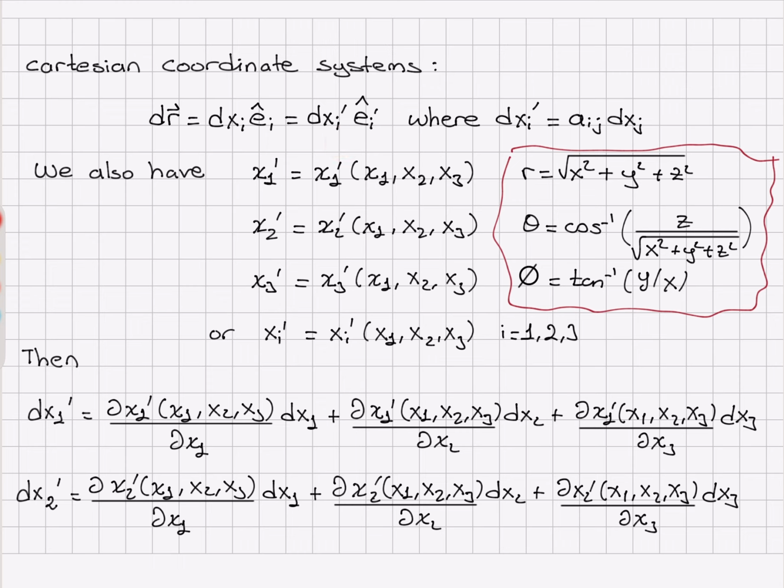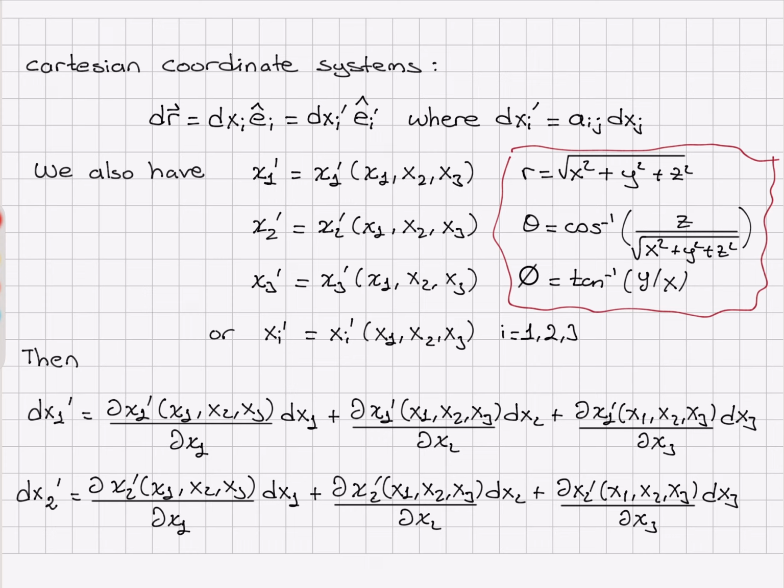Here you can see that if I take the dot product with ej prime hat, the dot product of ej prime hat with itself would give you 1, and this would give you the transformation matrix element. So dxi prime is aij dxj. I can always write it this way.